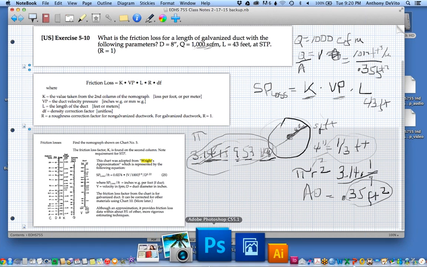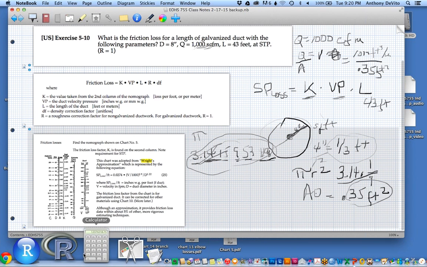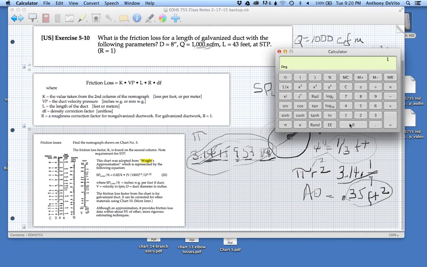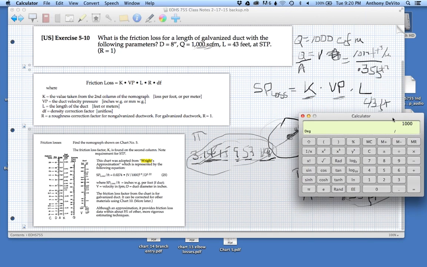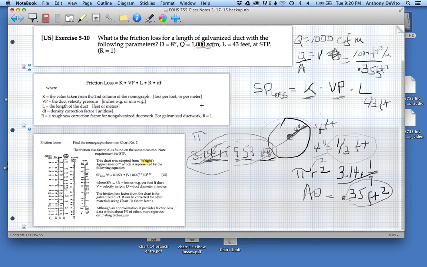So I'm going to take my 1,000 and divide it by 0.35, and it comes out to be about 2,860. I'm going to round it off to 2,860 feet per minute. That is my velocity.